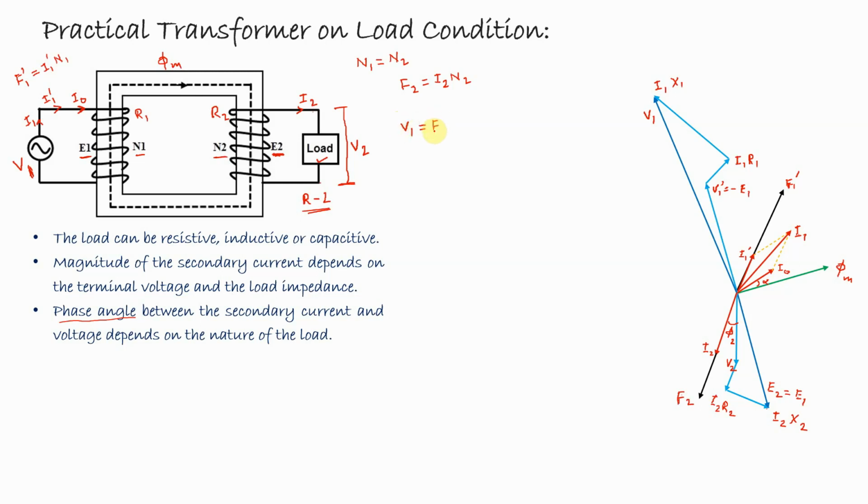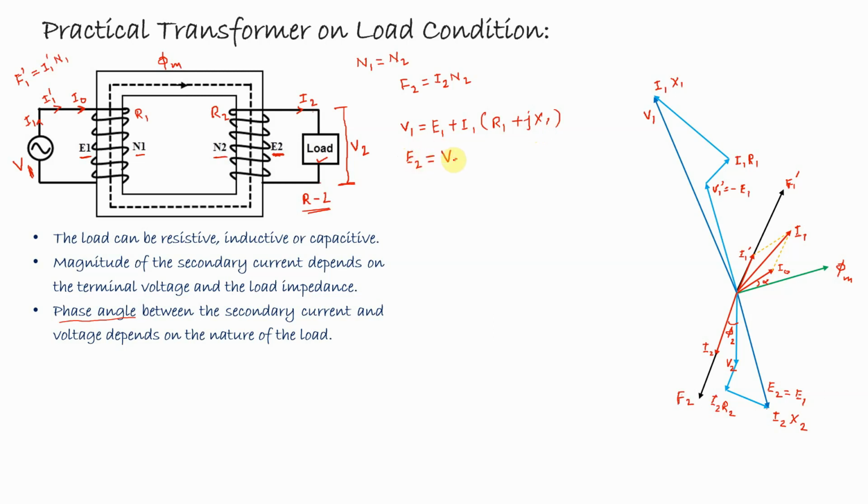It will be written as V1 equal to E1 plus I1 into R1 plus jX1, where E1 is the induced EMF in the primary winding, I1 is the primary current, R1 is the resistance of the primary winding, and X1 is the leakage reactance of the primary winding. Similarly, the relation of the voltage in the secondary side is E2, that is the induced EMF.